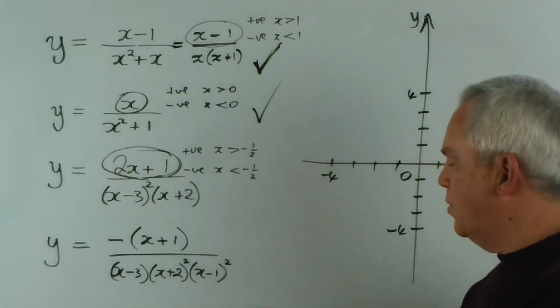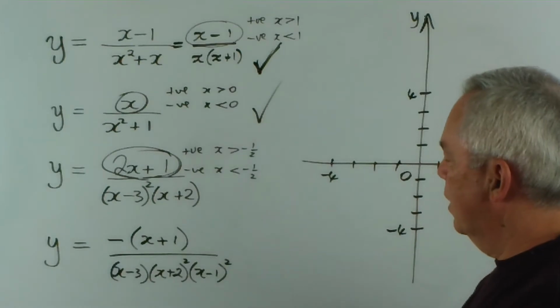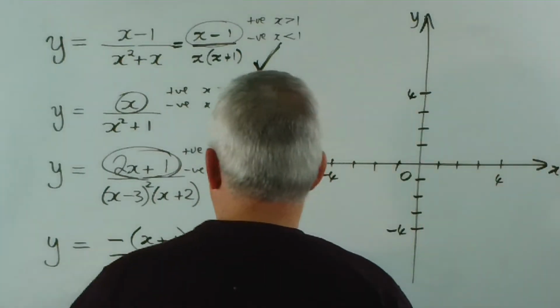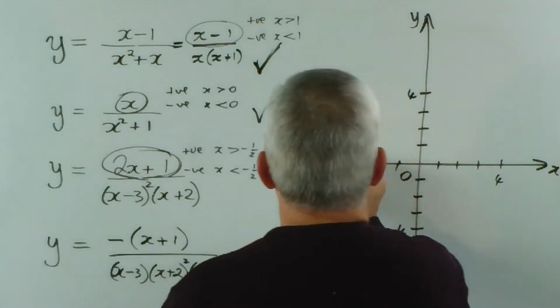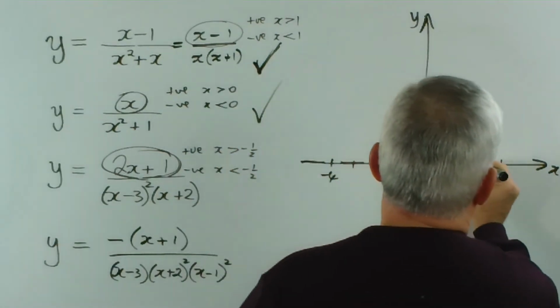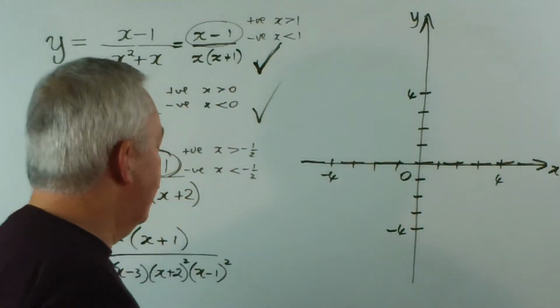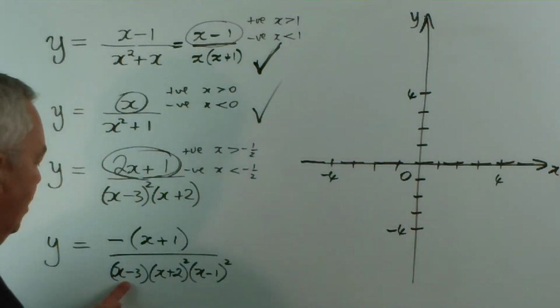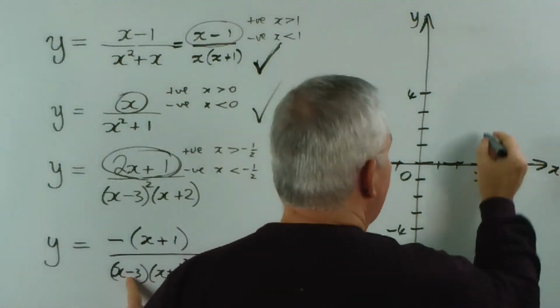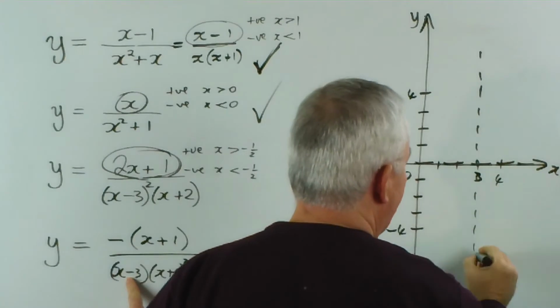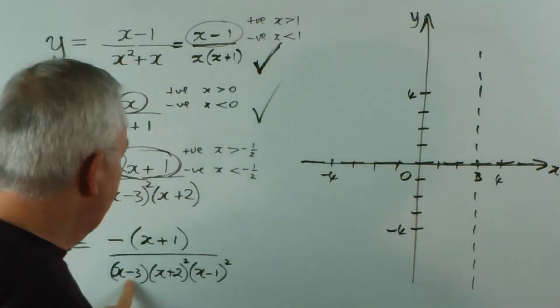Well, we certainly have an interesting graph for our fourth one. Let's go through the procedure. This is a type 1, so our horizontal asymptote will be on the x-axis. Its vertical asymptotes will be at 3. That's a normal asymptote.